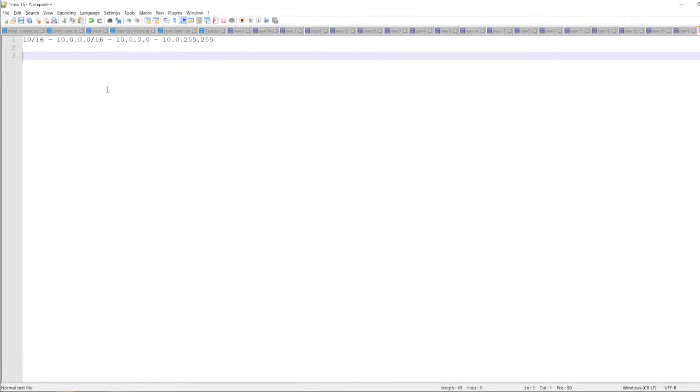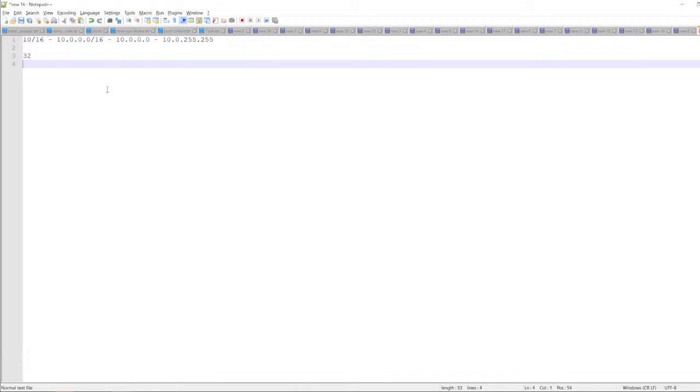First of all, how many bits are there in your IPv4? 32. Now what is the number they have given here? It is called the prefix. What is the prefix they have given here? 16.